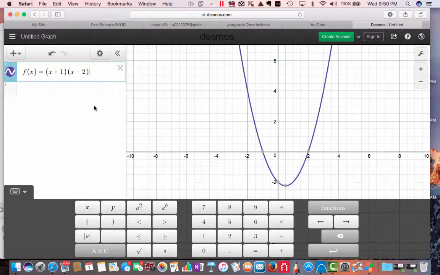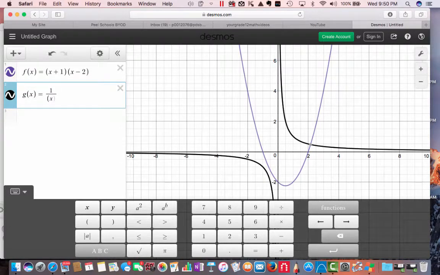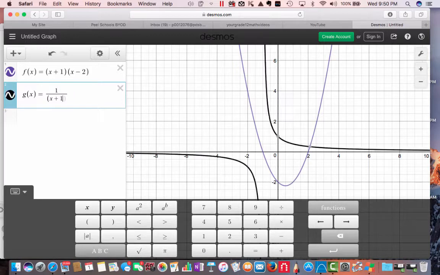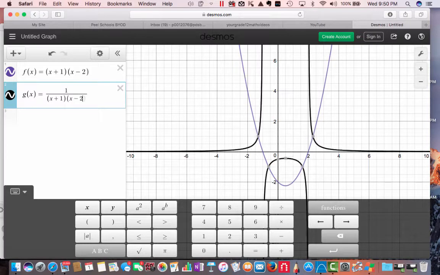So what's going to happen when we do the reciprocal of this is at -1 and 2, we're going to get vertical asymptotes again because you can't divide by 0. I'm going to write this a little bit differently. g(x) equals 1 divided by (x plus 1)(x minus 2).